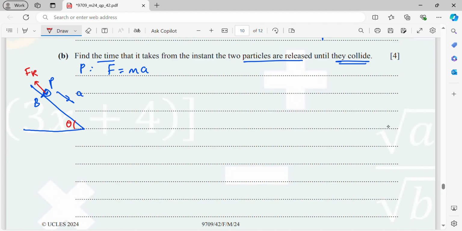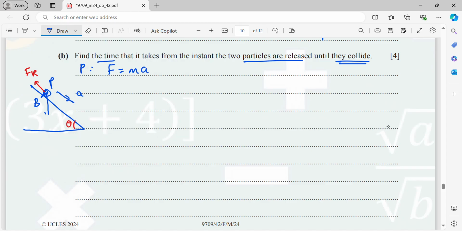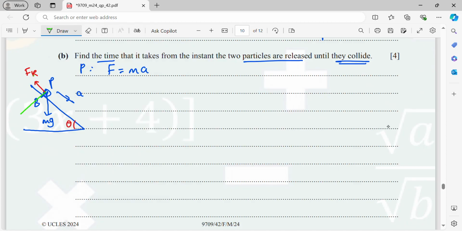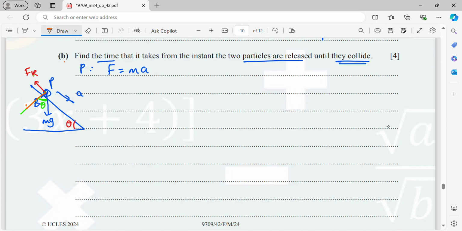That means this one is going down. I should use a different color. This is mg, and my angle is over here. This is my theta. And at the same time, here is my R. Wait, my R should be going up, not going down, because it's on the plane. This is my R.